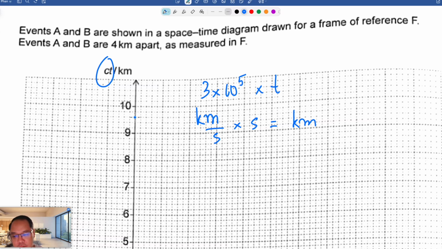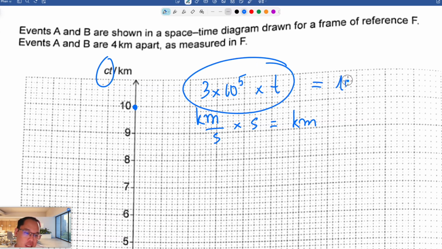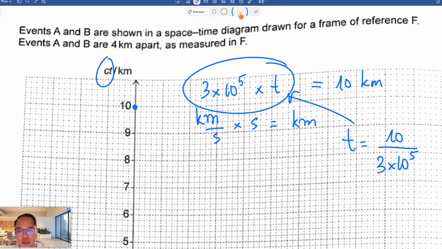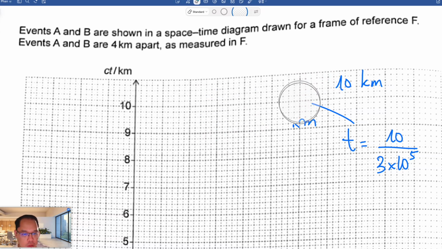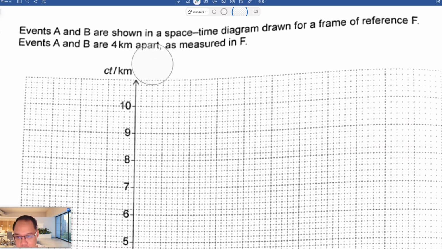So, for example, a value here on the ct axis, value 10, means 10 kilometers, which means the time t is 10 over 3 times 10 to the power 5, which is an extremely small value. But because we want the two quantities on the two axes to be in the same kilometer unit, instead of using time in seconds, we use ct.